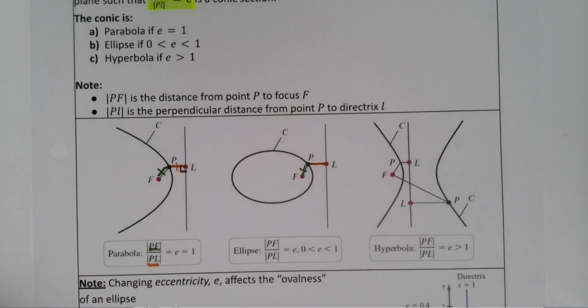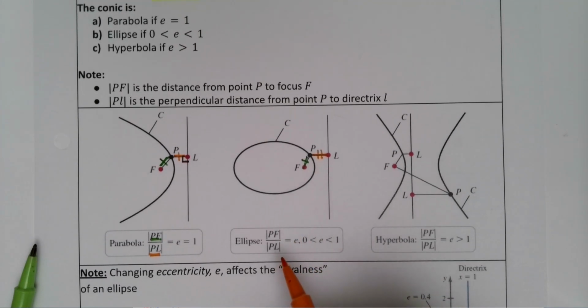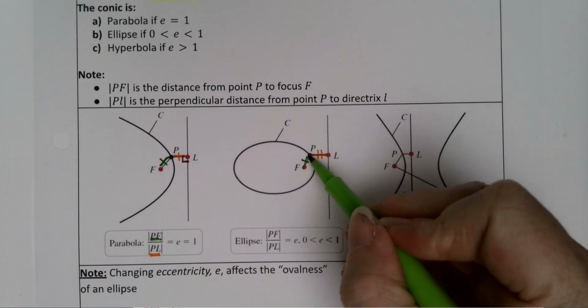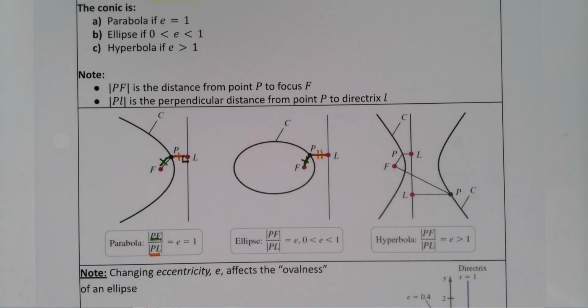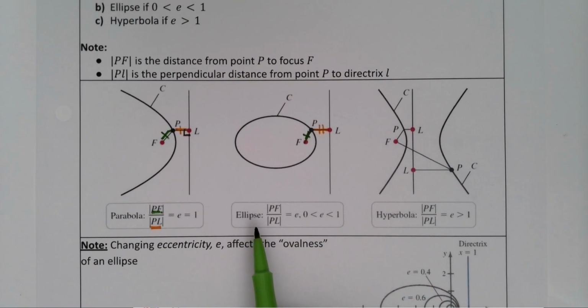What if this is 1 and, just for the sake of it, this is 2? What if that's longer? Well, then when you take PF and divide it by PL, your eccentricity will be between 0 and 1, because the orange is bigger than the green. So that would get you an ellipse, right? So here's your green, here's your orange.